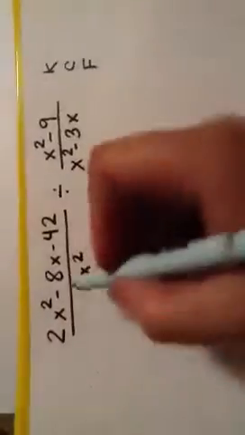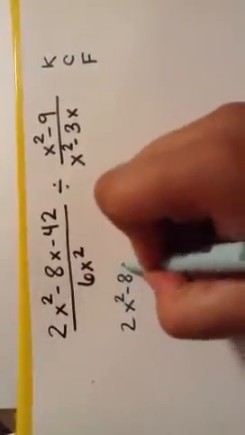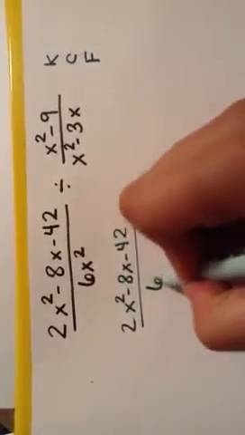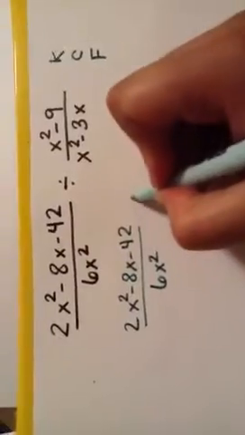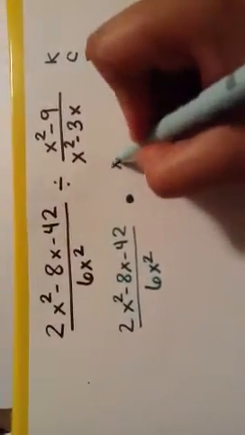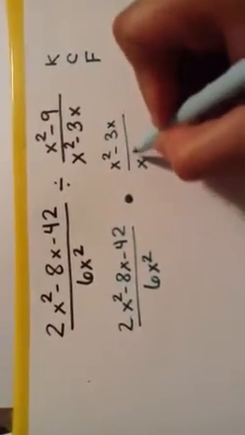So that's what we want to do. We want to keep the first fraction the same. We want to change it to multiplication, and then we want to flip the second fraction.